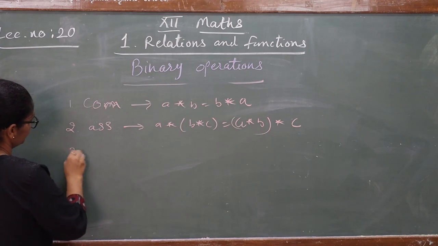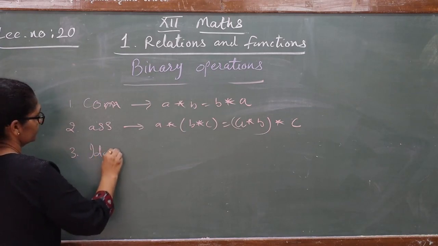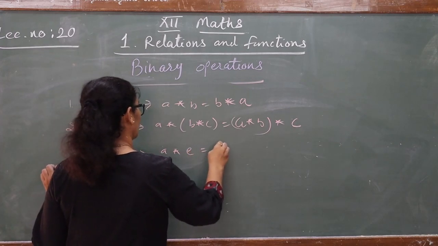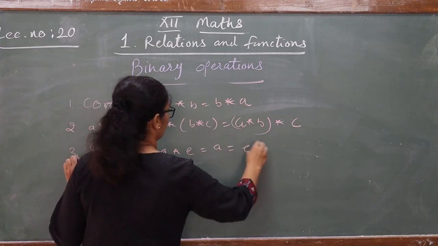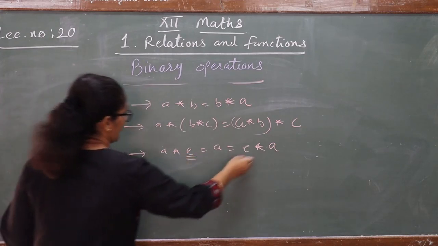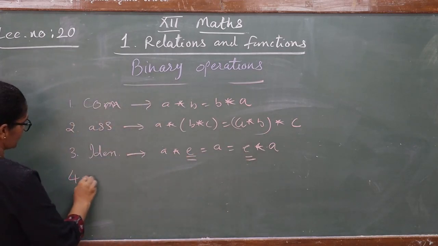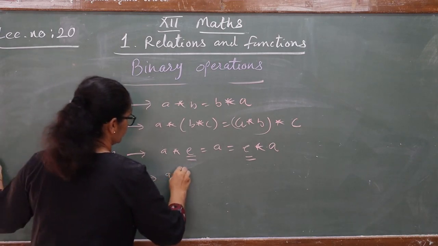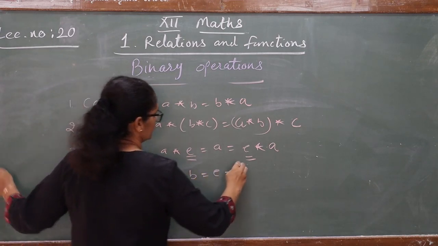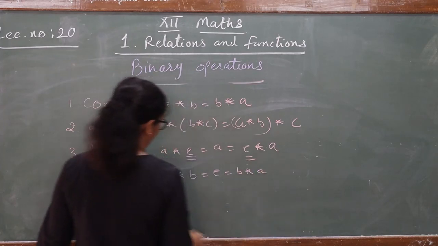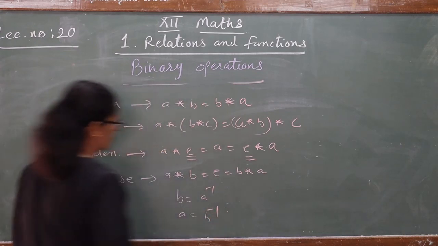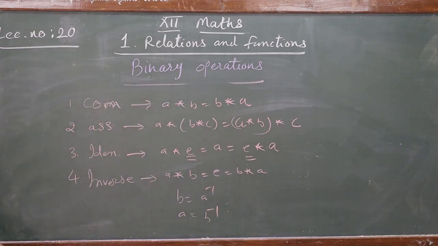And third, identity, then you can say E is an identity element. And last one, inverse, then you can say B is the inverse of A or A is the inverse of B. That way we get all four properties.